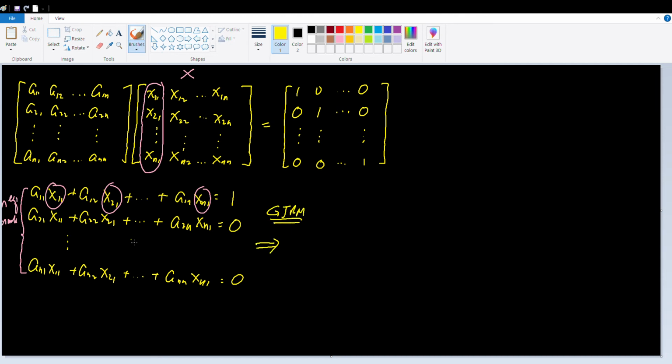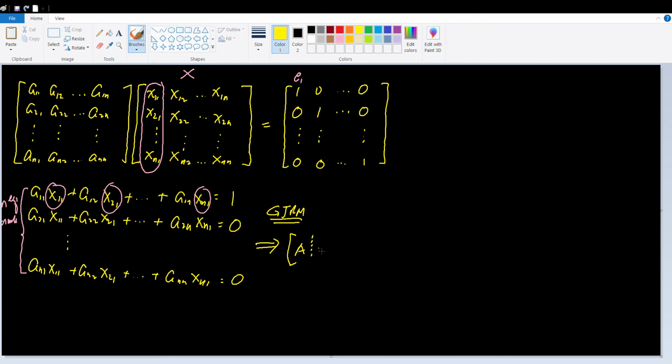So we shall write this as an augmented matrix: first A, and then we append these elements, which are actually the first column of matrix I. Alright, and let me call it E sub 1.